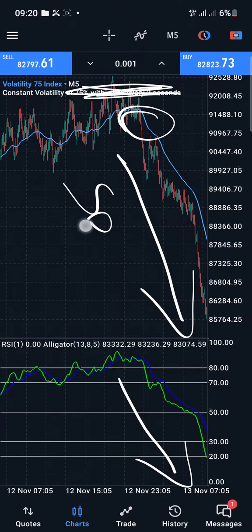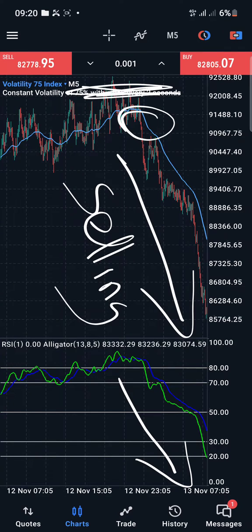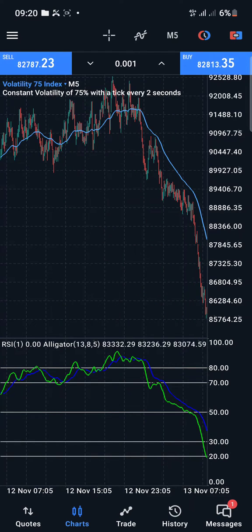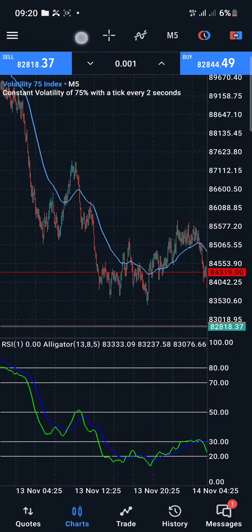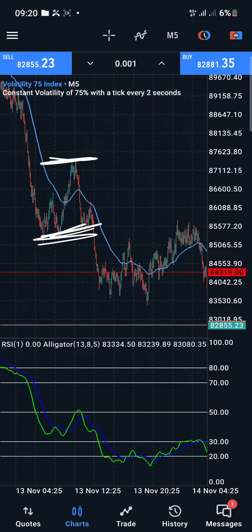So this was more of a selling opportunity than a buying opportunity, but if you should notice, it broke out from this support zone at this point. You can see this is when it broke out from the support zone, because it wanted to change the direction of the market at this point. It wanted to but was unable to go above this, so it came down again and broke out from here.